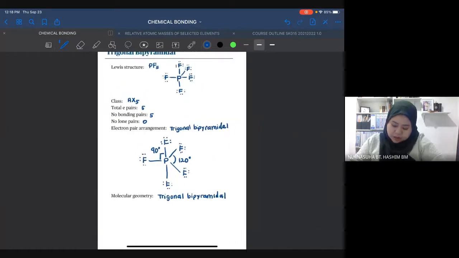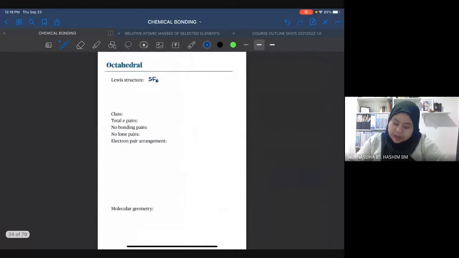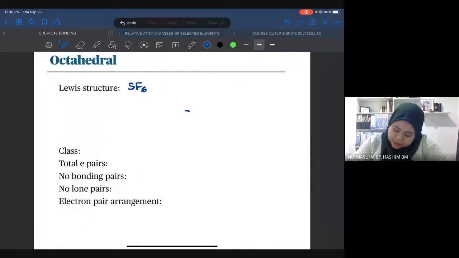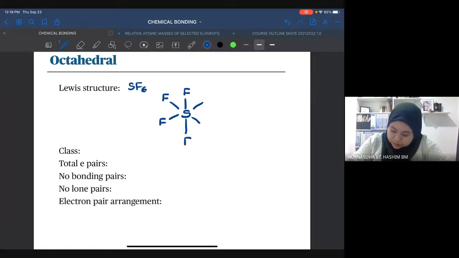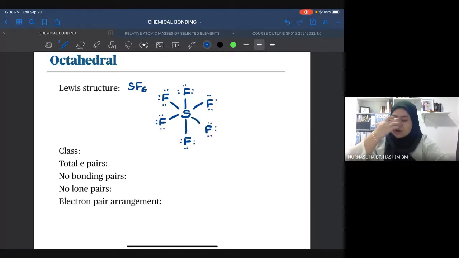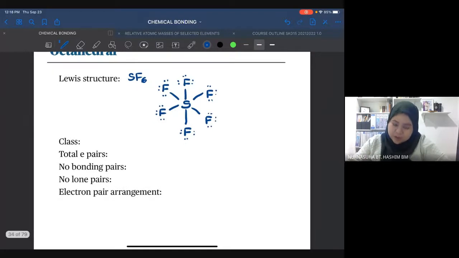Okay. So last one. Okay, last one is octahedral. Okay. For example, SF6. Okay, so this is the Lewis structure for SF6.